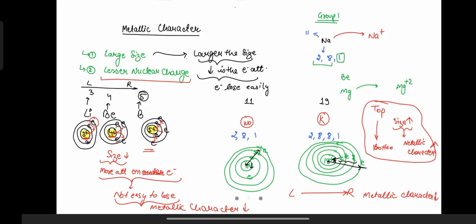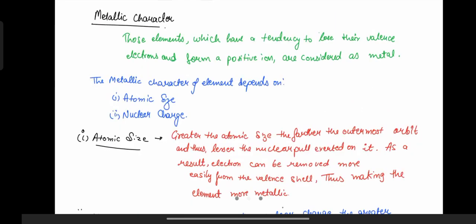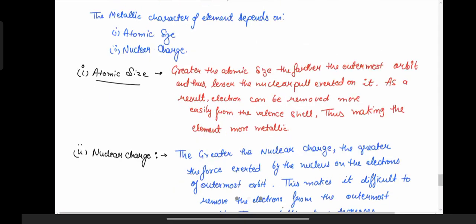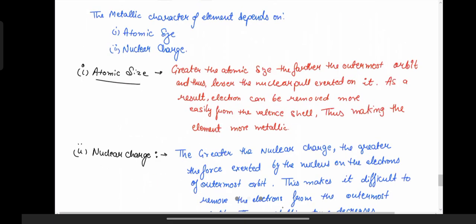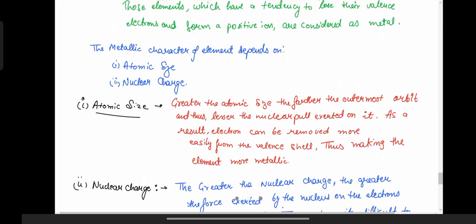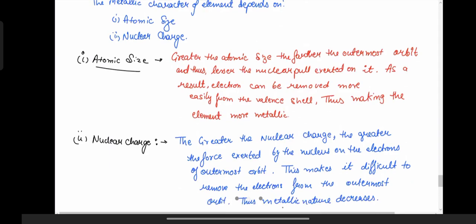Simple thing, right? Now I'll write it and then you copy what I'm writing. So you can take a snip of this. And now I'm scrolling it as well. The metallic character of an element depends on the atomic size and the nuclear charge.